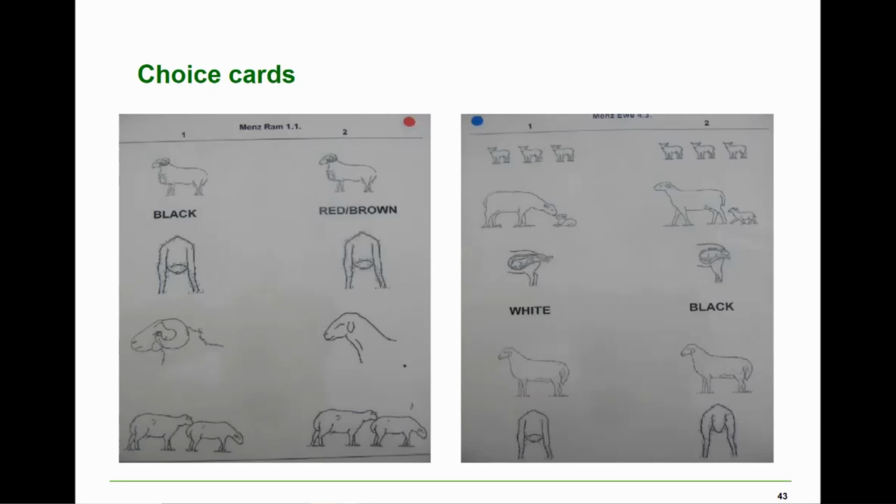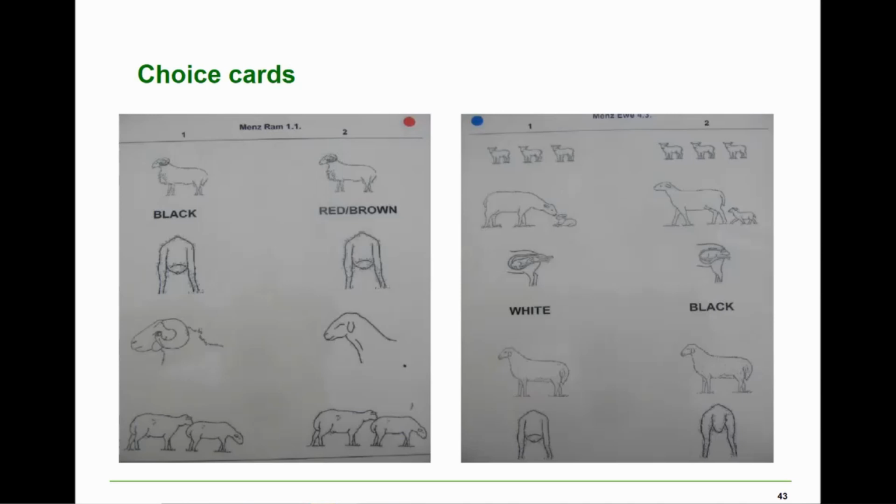For example, also on the second card, 1 and 2, these are the ewes, which all of them are very fertile, but one of them cares about the young and the other one doesn't. So it's like maternal instincts. One has a strong maternal instinct, the other one not so. The first one has an easy birth, but the other one is not so easy birth.